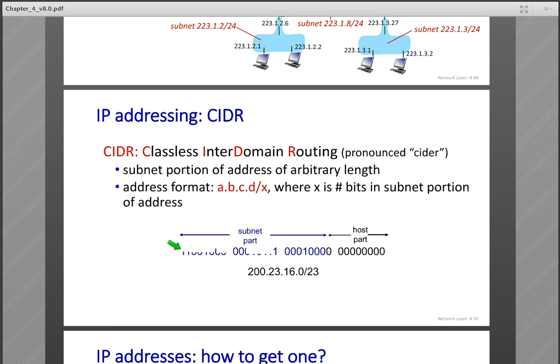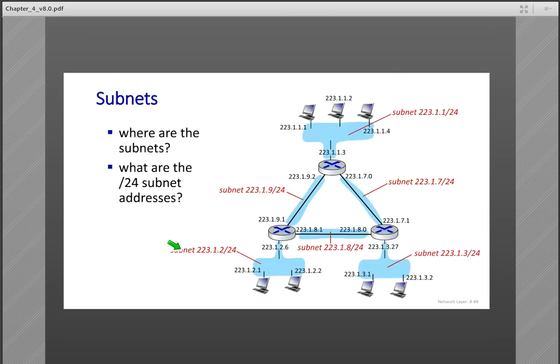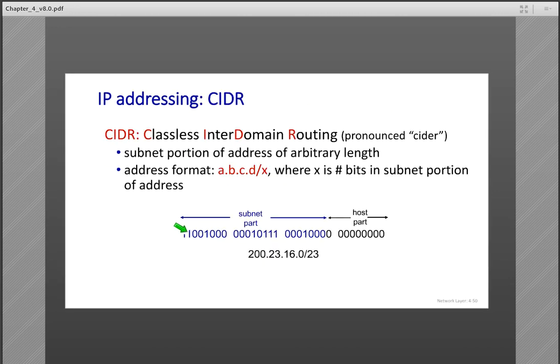For example, if I try to find the last IP address of this address, the last one is this.